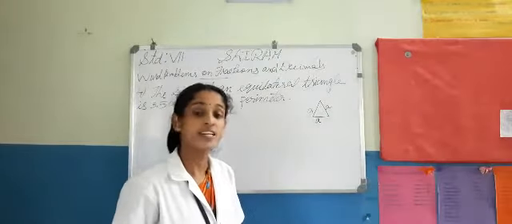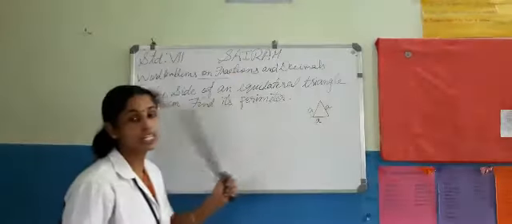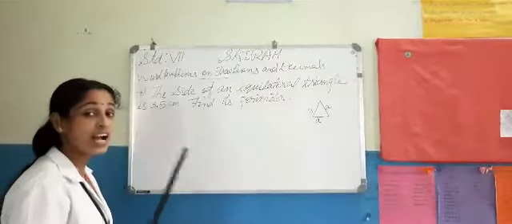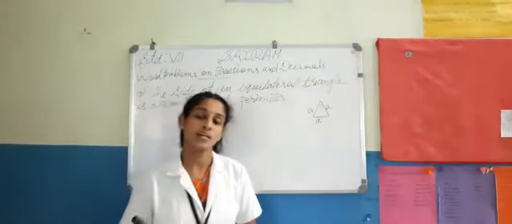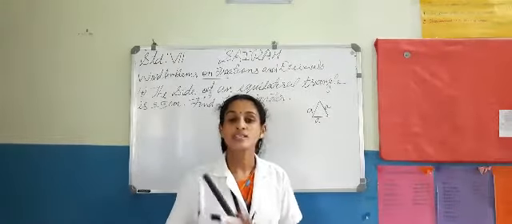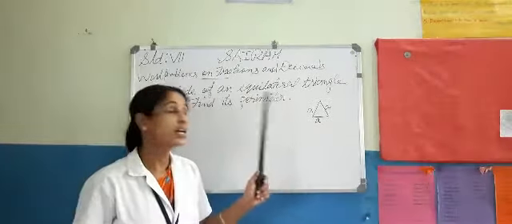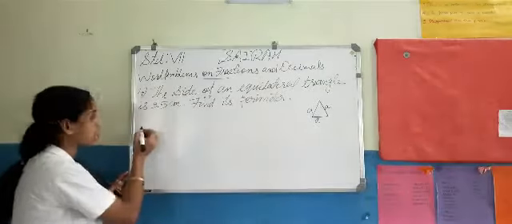You already discussed in your 6th standard the perimeter of an equilateral triangle. The perimeter of an equilateral triangle is 3 into side. Then in this problem, what is given? Yes, the side of an equilateral triangle. First of all, we have to write the step.